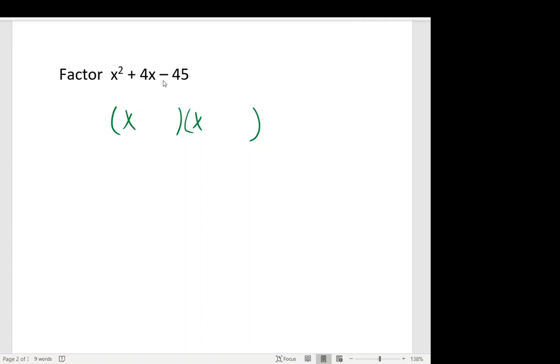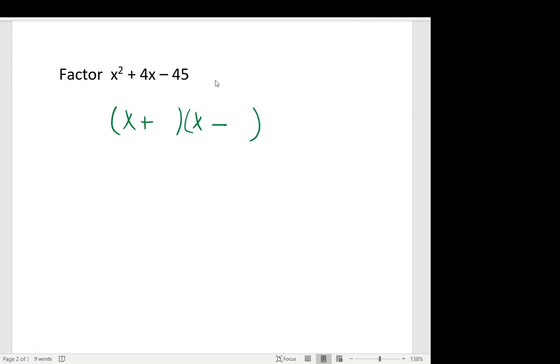So the only way to get a product that's negative is a positive and a negative. So if your last sign is a negative, you know one of these binomials is going to have to have plus and one is going to have a minus in order to make that negative. Alright? But still, the sum of the factors has to equal 4.